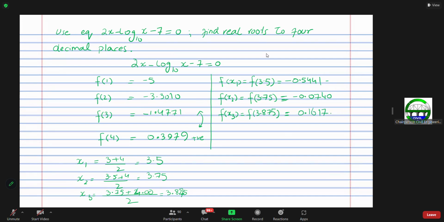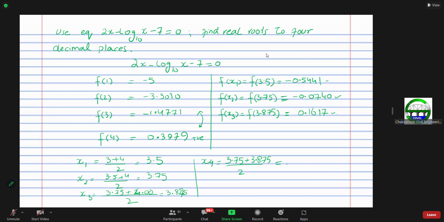So it is positive and the earlier one is negative, so our value lies between 3.75 and 3.875. x4 will be 3.75 plus 3.875 divided by 2.